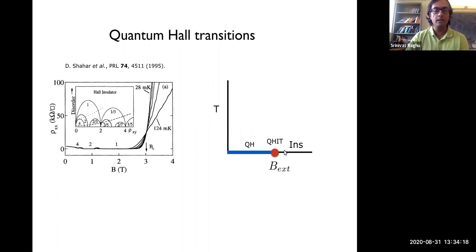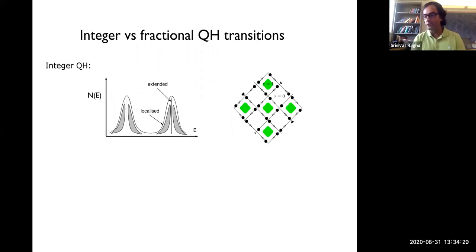Okay, so while these phenomena have been around for decades, our understanding of them still remains rather rudimentary. One example of this rudimentary understanding is if I polled the typical condensed matter theorist, most people would say the integer quantum Hall phase transitions must be free, because after all, the integer quantum Hall state can be described by free fermions.